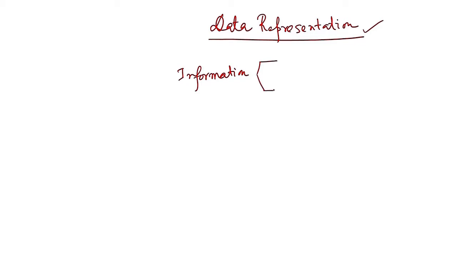One is instruction, another is data. For data, computer scientists mostly focus on data representation. So, data can be a number, or it can be non-numeric.